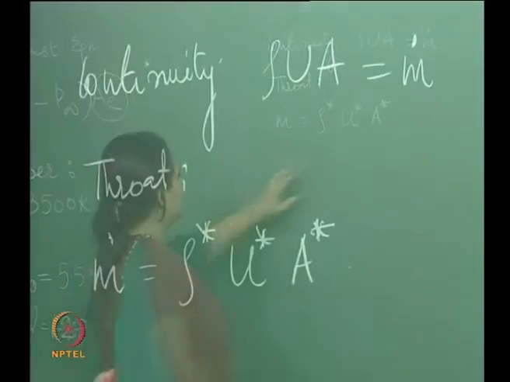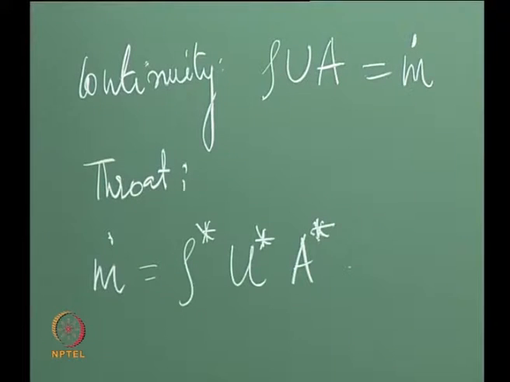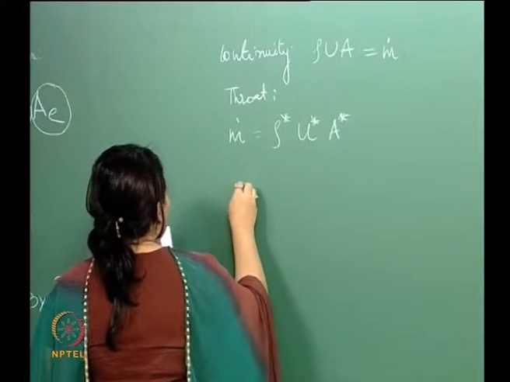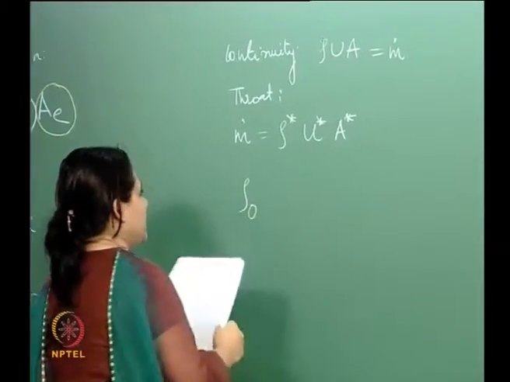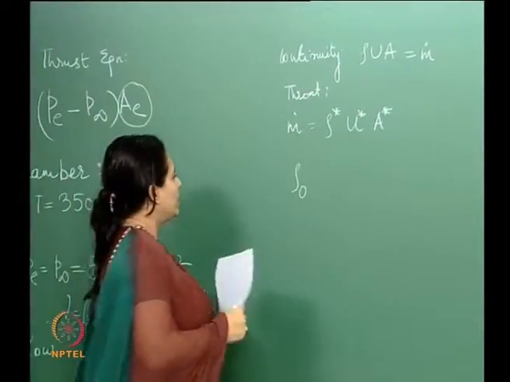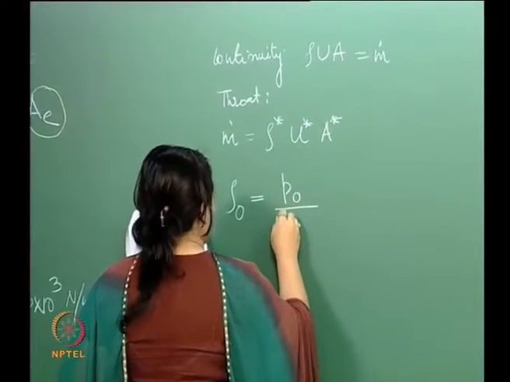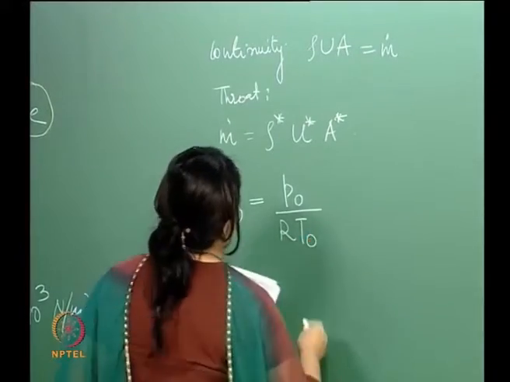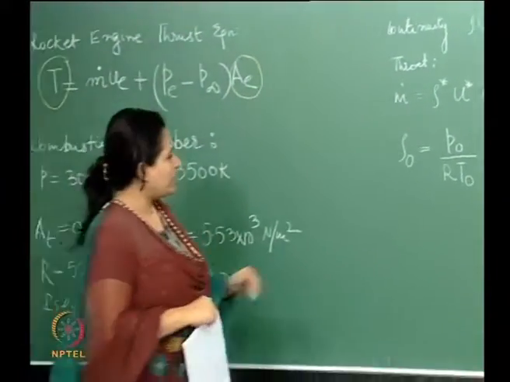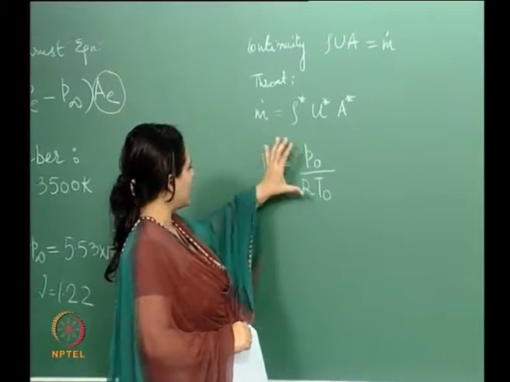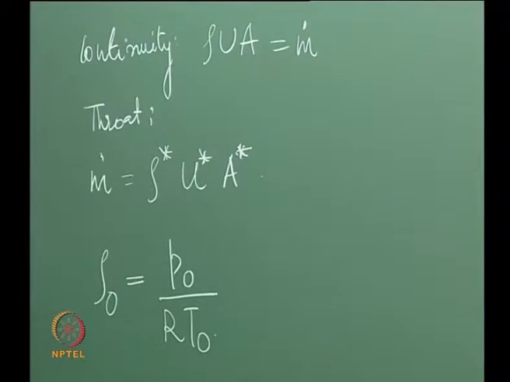Now, to get this rho star, let us get the reservoir density, which I can basically get from my gas equation. The naught here corresponds to reservoir conditions. How do we calculate this rho naught?